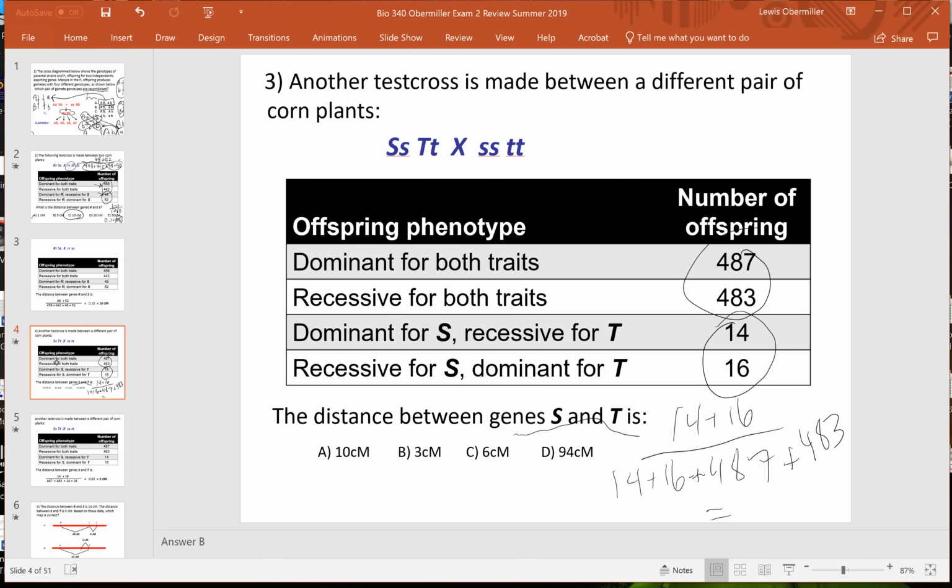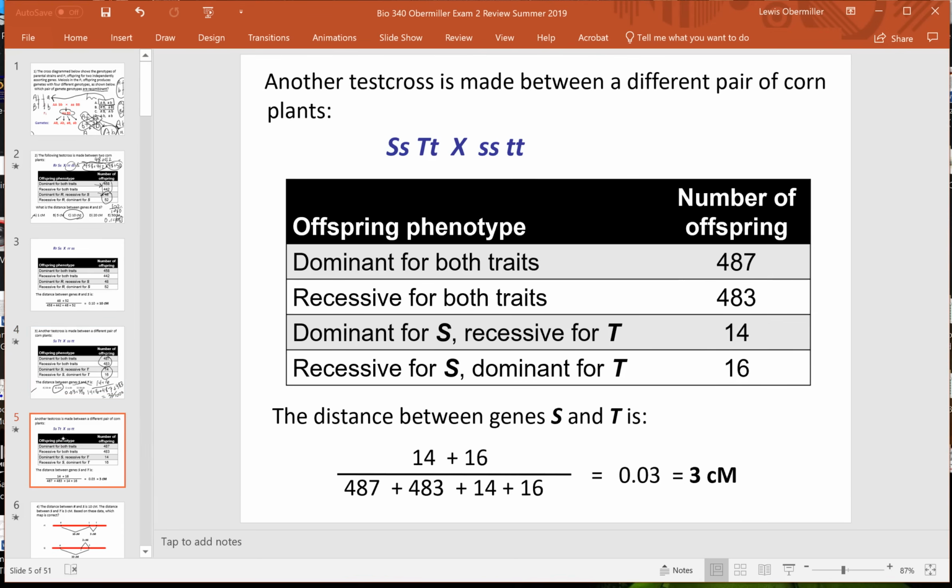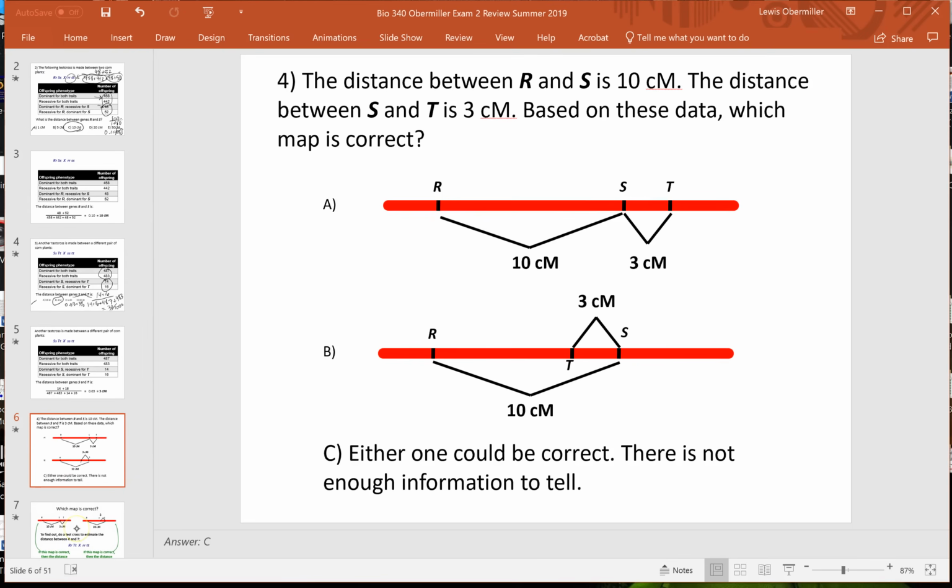And that gives us 30 divided by, let's see what this is, 487 plus 483 plus 30 is 1,000. So that is 0.03, which is 3%, which would give us 3 centimorgans. So the answer is B. And that just shows you how to do it.